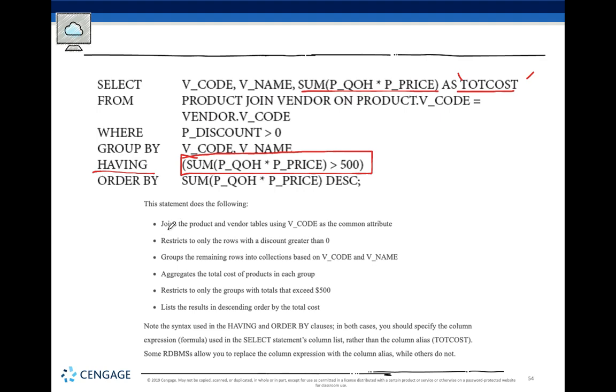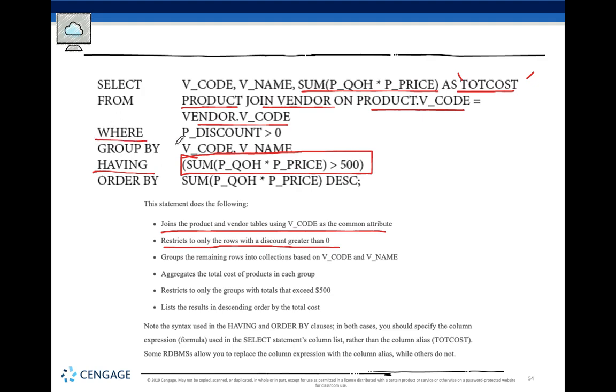So the first thing it does is it joins the product and vendor tables using vcode. Right, and we can see that here. Product join vendor on product.vcode equals vendor.vcode. Restricts to only the rows with a discount greater than 0. Right.